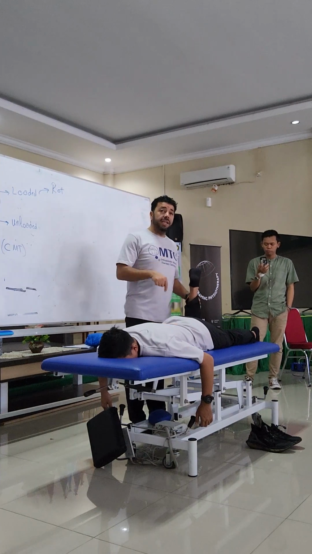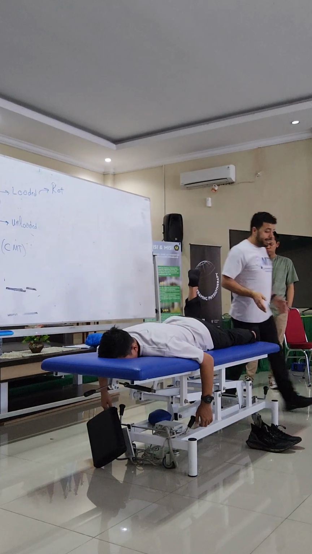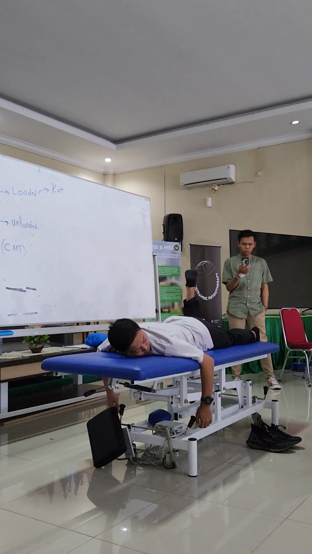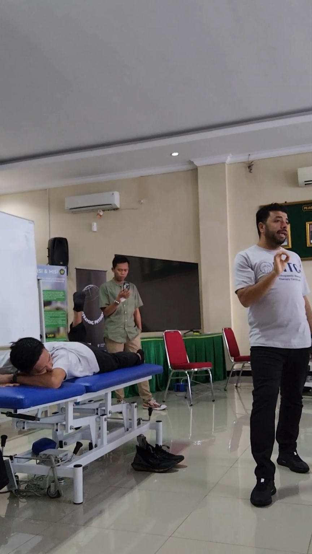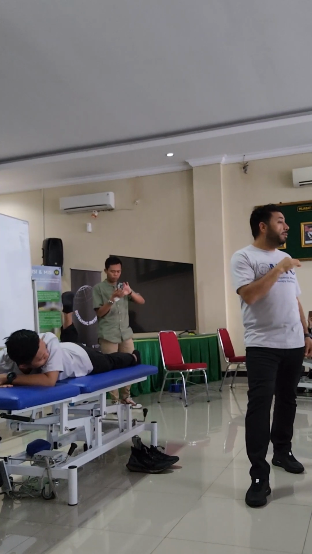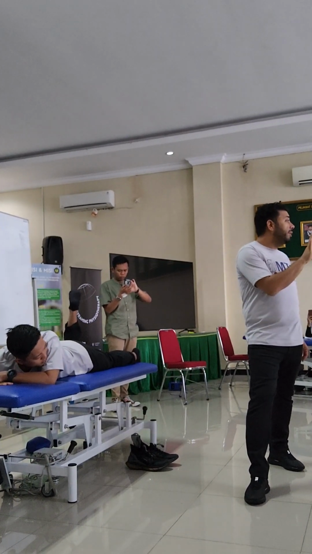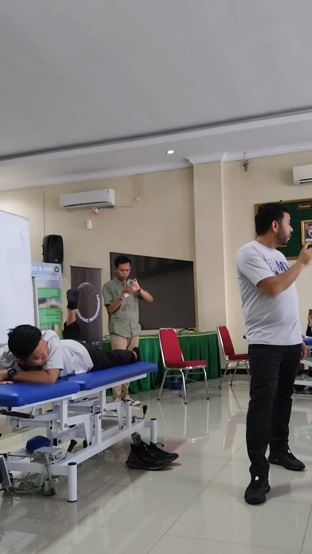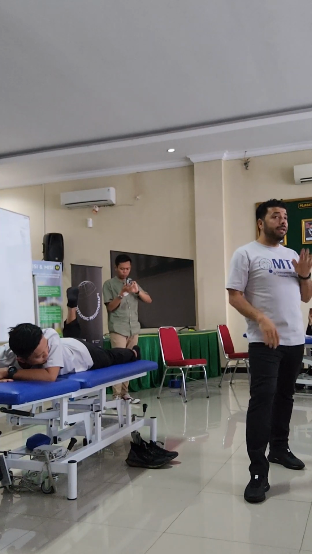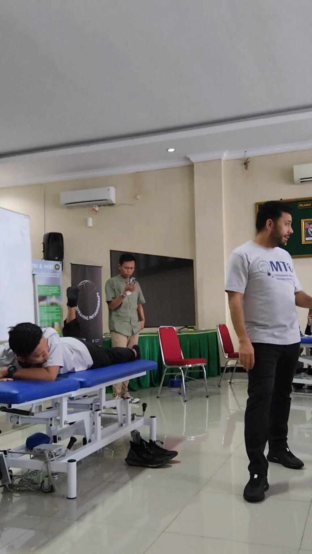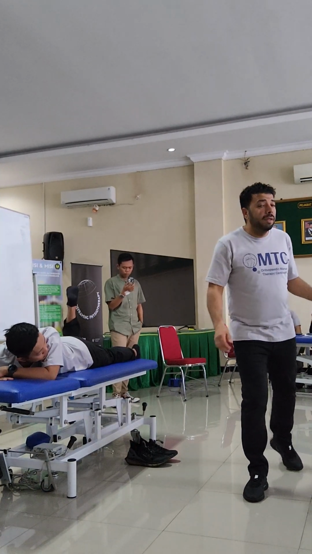When you do this mobilization, it can increase the stride length by 4 centimeters. Can you imagine if you are a 100-meter sprinter, 4 centimeters can give you a gold medal or a silver medal. But this improvement can last only for 15 minutes, which is fine.